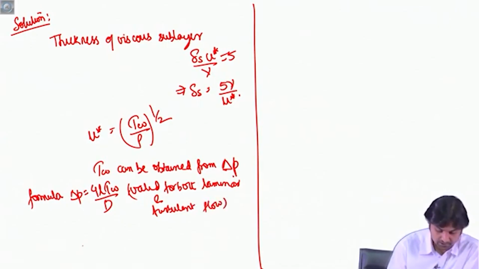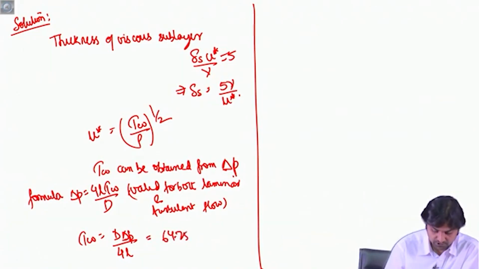So tau W would be D delta P by 4L, and after substituting the value we get 64.75, or 64.8 Newton per meter square.